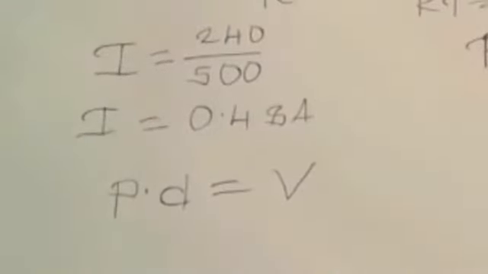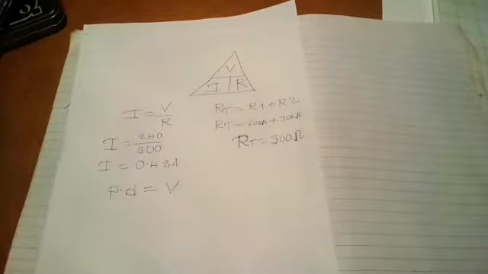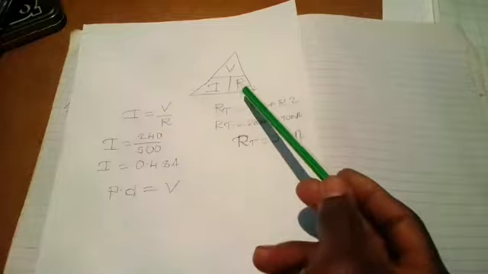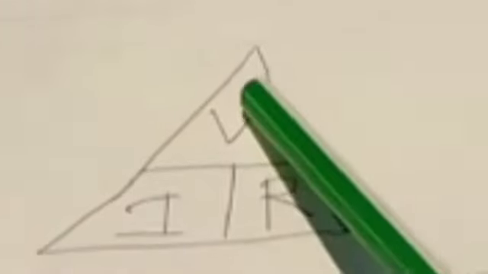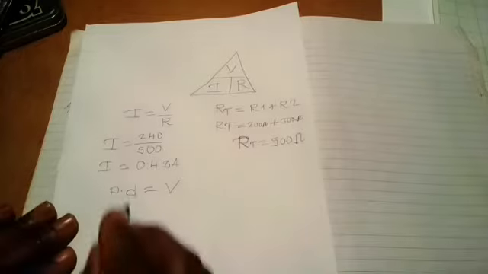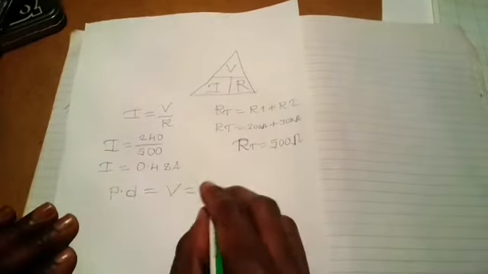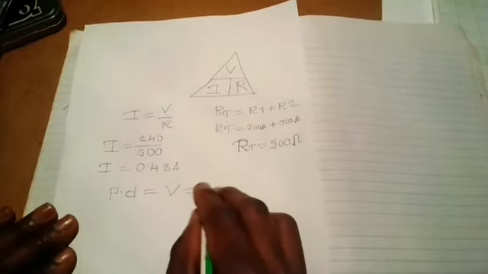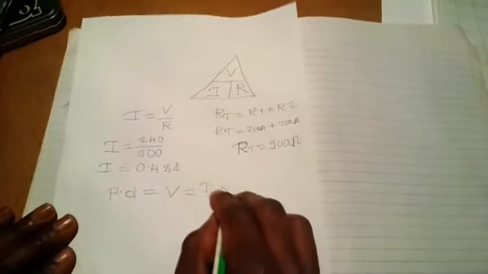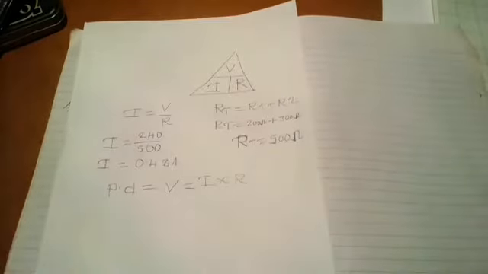So we are calculating voltage. What is the formula for voltage? We look at our triangle here. So voltage is equal to current times resistance.